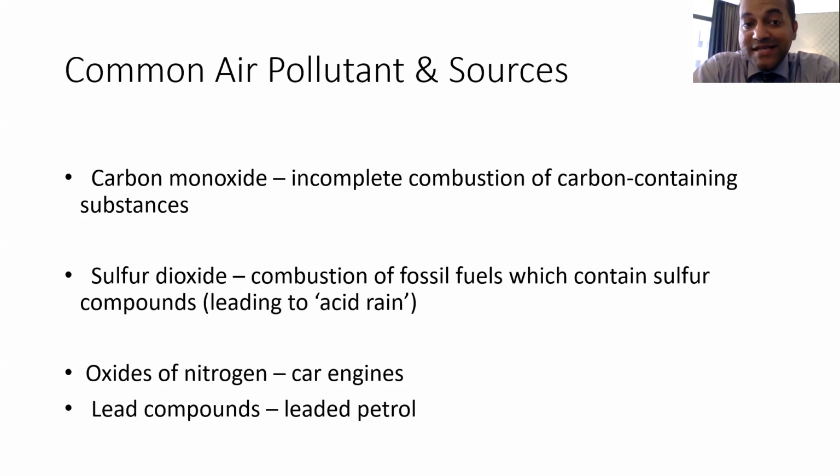During combustion, some of them go through incomplete combustion. In a normal combustion, carbon compounds form carbon dioxide and water. In an incomplete combustion due to limited oxygen, they form carbon monoxide and water.